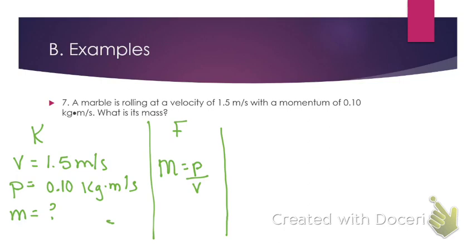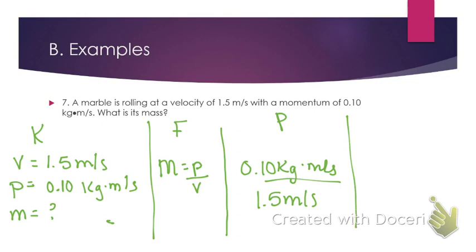So I can substitute in, my momentum was the 0.1 kilogram meter a second. And this is my plug-in part of my KFPS chart. And then I'm dividing it, again, by the velocity of 1.5 meters per second. Solve it out.